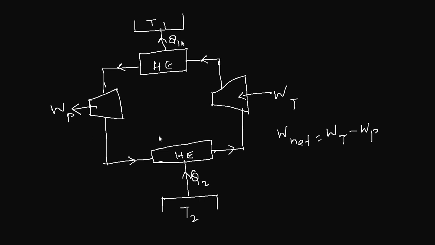The only difference here is that this is creating a low temperature, reducing the temperature of this sink or temperature source. So a reversed heat engine can be termed a heat pump or a refrigerator.